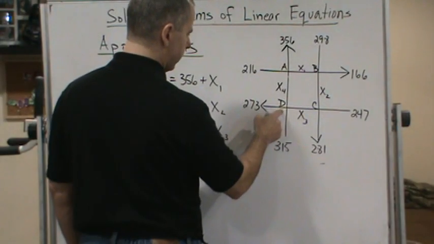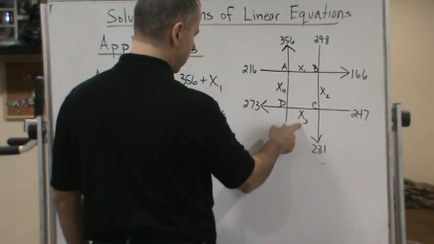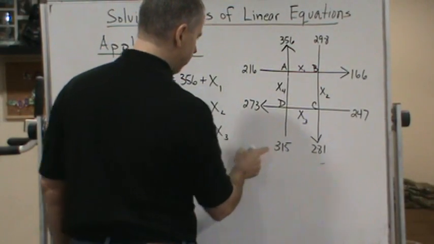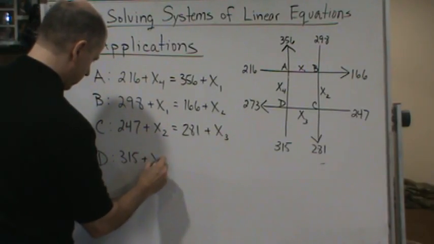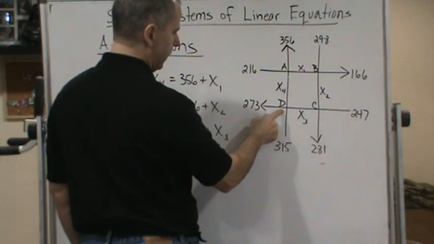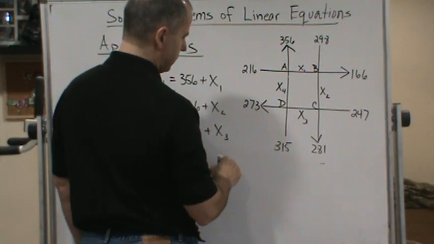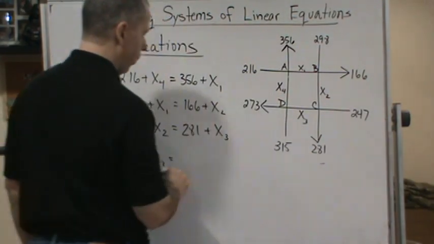And then D, the incoming traffic to intersection D is going to be x3 and 315. And then the outgoing traffic from intersection D is going to be 273 and x4.